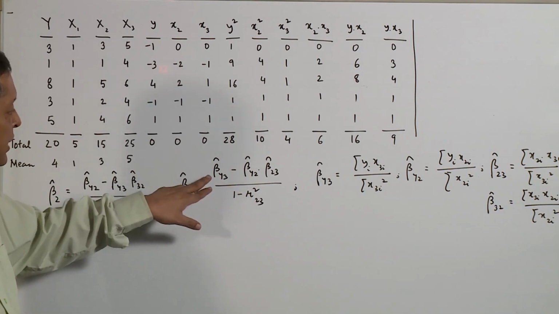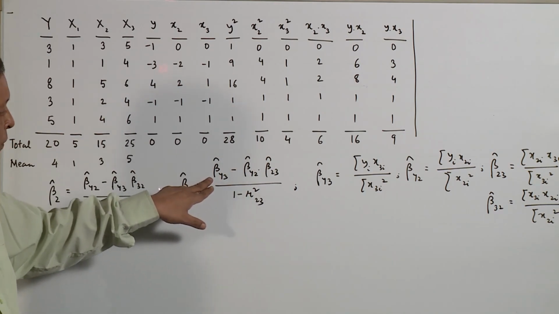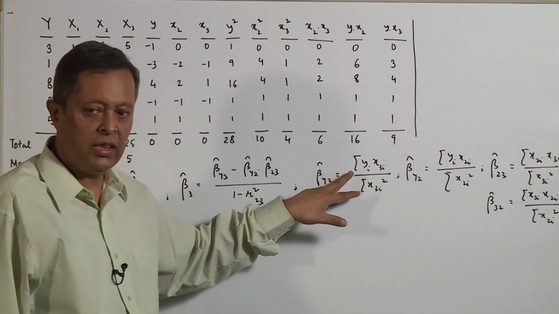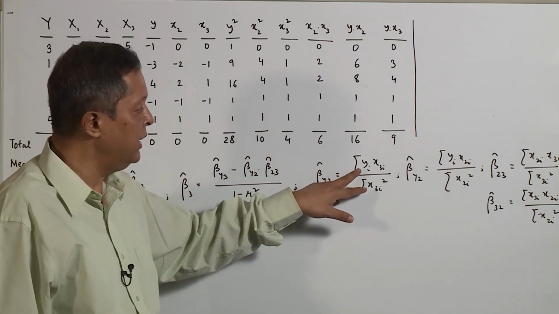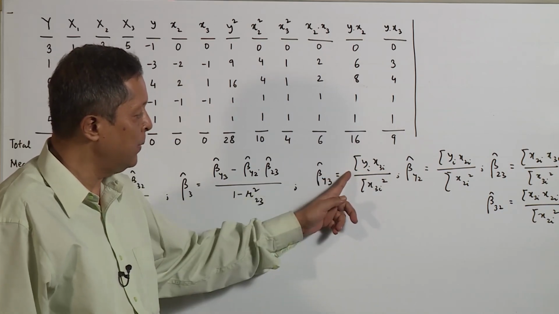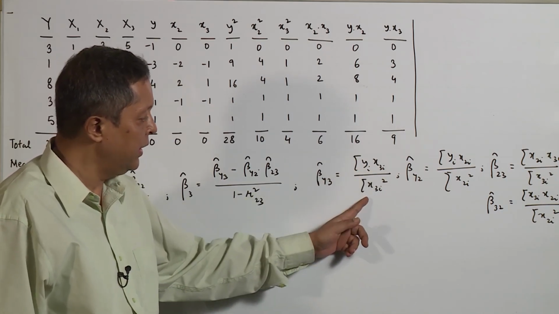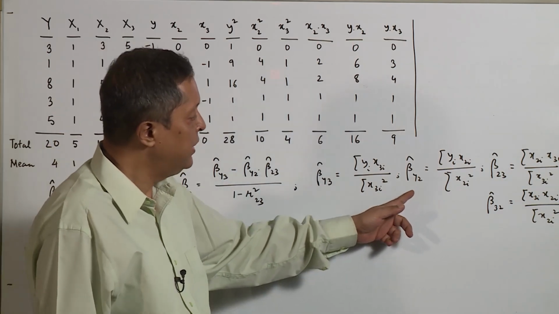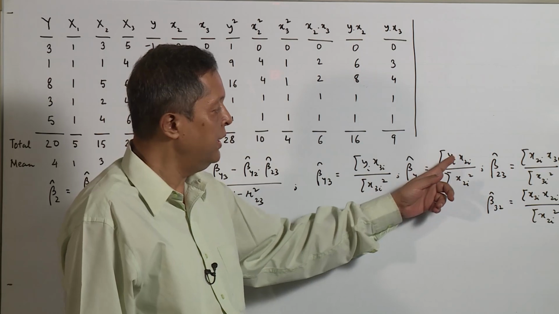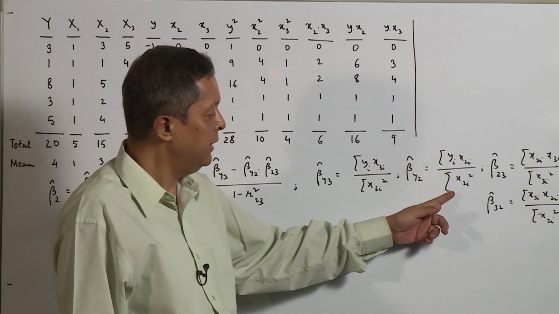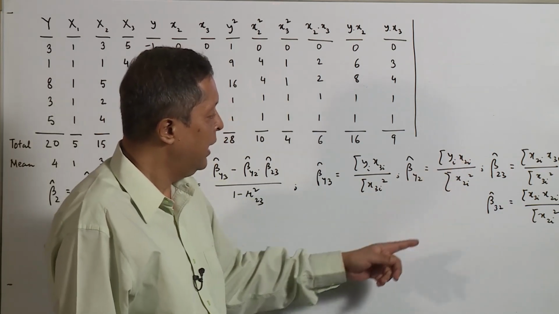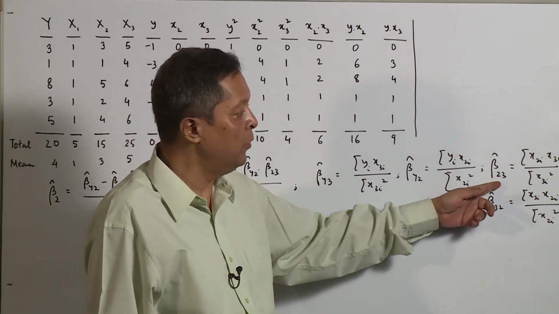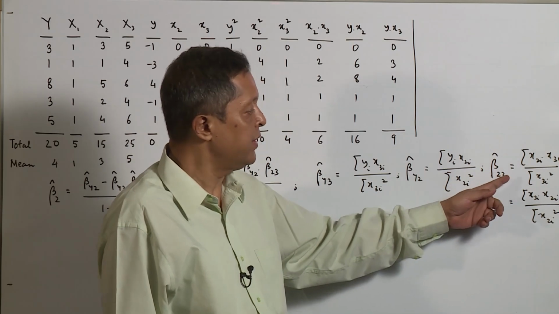And how do these simple regression coefficients work out? Beta hat y3 is the estimated regression coefficient when y is regressed on x3, that is summation y i x3i divided by summation x3i square. Similarly, beta hat y2 is summation y x2 divided by summation x2 square, and beta hat 23 is the regression coefficient when x2 is regressed on x3.